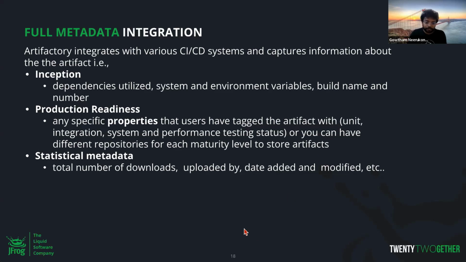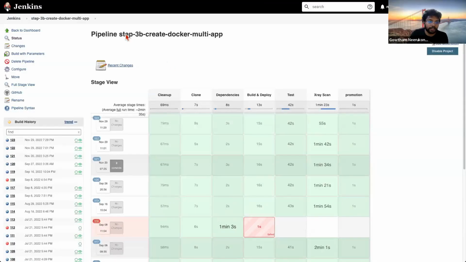For example, you might have a build process, for example with the popular CI tool that we know about, Jenkins, as an example. It might be creating a given software artifact. Here, the pipeline is step 3B, create Docker multi-app.